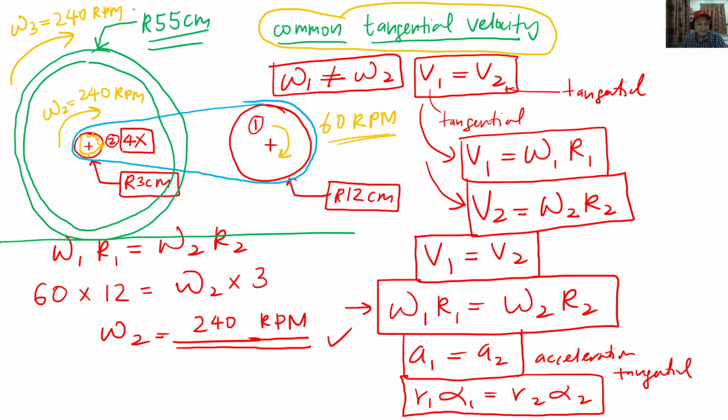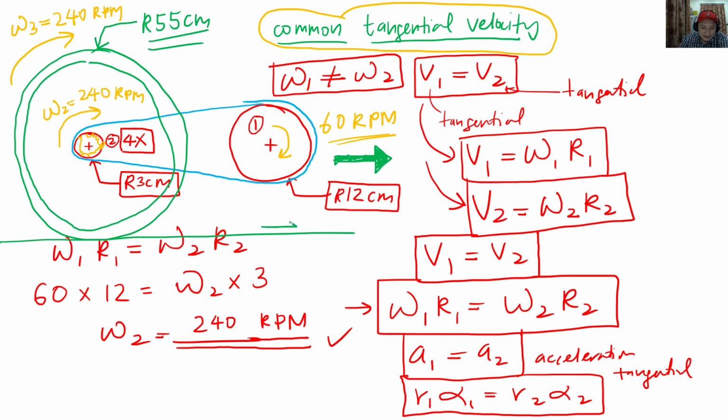So if the rear wheel is rotating at 240 RPM, what is the speed of the bicycle? What is the speed of the whole bicycle moving forward?